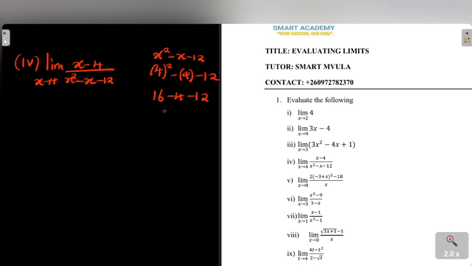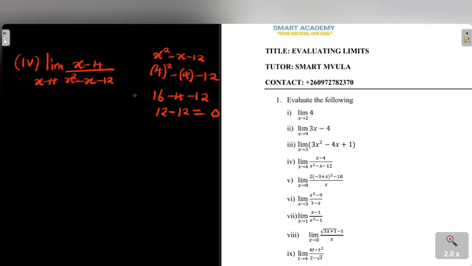So 16 minus 4, that's 12. So 12 minus 12, which is 0. So when you substitute with a 4, our denominator will be equal to 0. Therefore this function will be undefined.